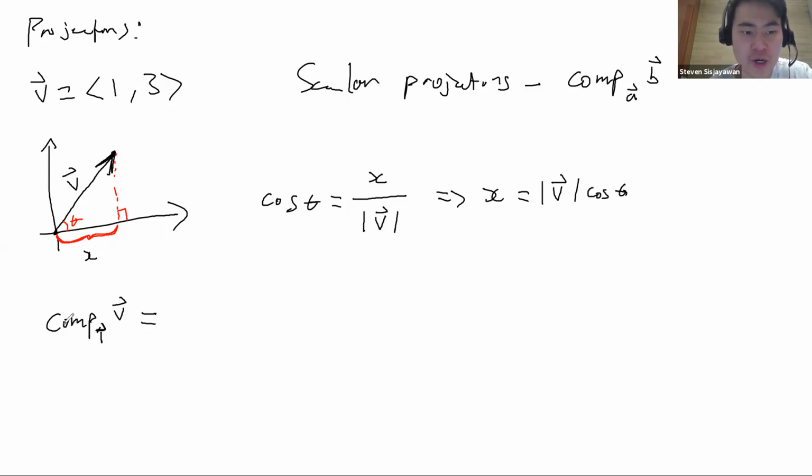If we're trying to find the scalar projection of v onto i, or the x-axis, that's going to be the magnitude of v cosine theta, as you have probably seen before.